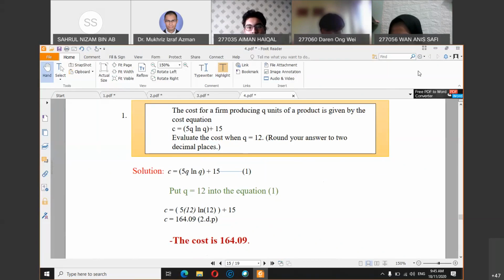In order to find the cost, we simply substitute Q as 12 into 5 multiplied by 12, then ln 12 in brackets, plus 15. So we find the value for cost, which is 164.09.